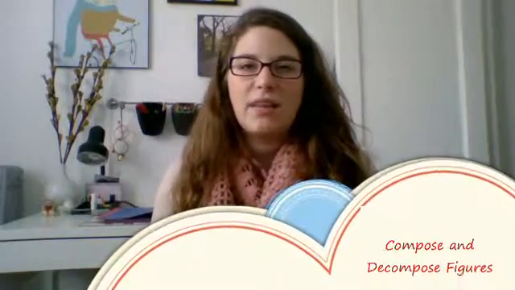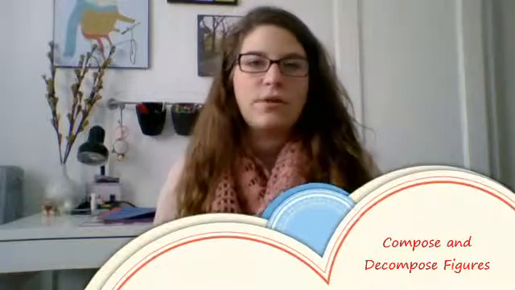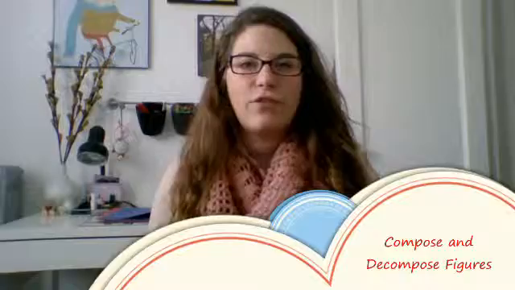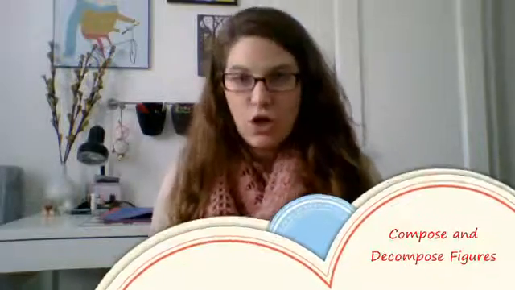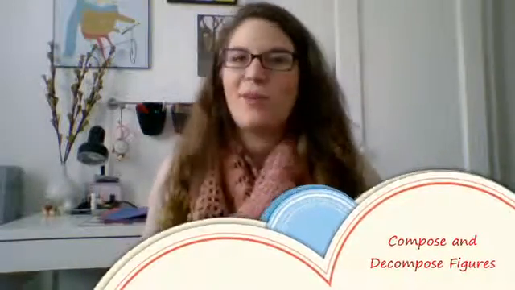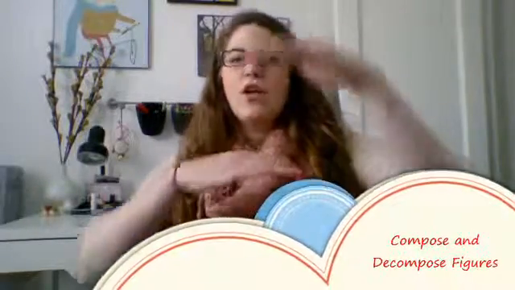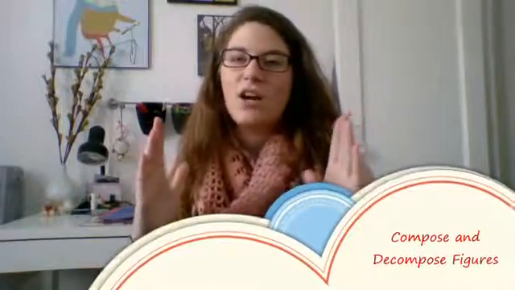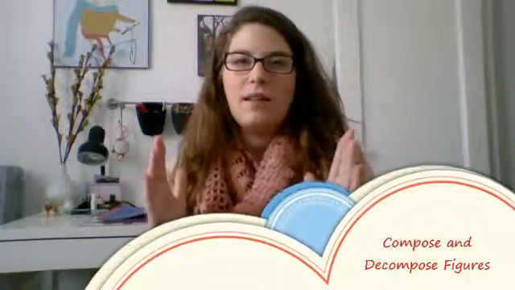We also want them to be able to compose and decompose shapes that are already there. We want them to be able to make triangles and make squares and all these different shapes. But they have to know the properties of those shapes. They have to know that a square has to be 5 inches all around, and then a rectangle has to have 2 sides that are the same top and bottom, and matching sides that are a different length but are the same on left and right.